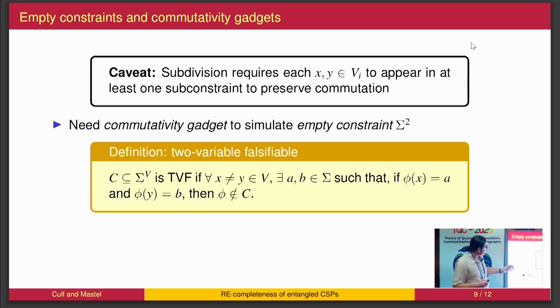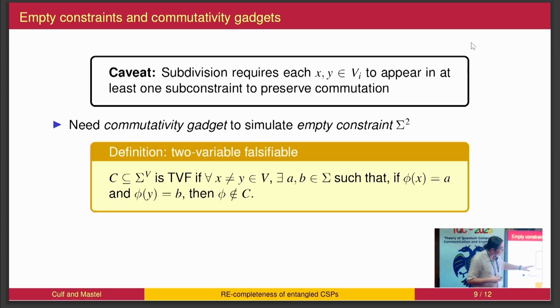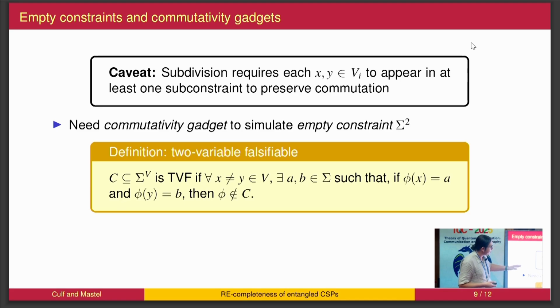For a large class of constraint satisfaction problems that we call the non-two variable falsifiable problems, we can build generic commutativity gadgets. A constraint satisfaction problem is two variable falsifiable if, essentially, it's non-two variable falsifiable, which is the condition we're using, if there exists a pair of variables that you can assign to any value and then extend that assignment to a satisfying assignment to the whole constraint.